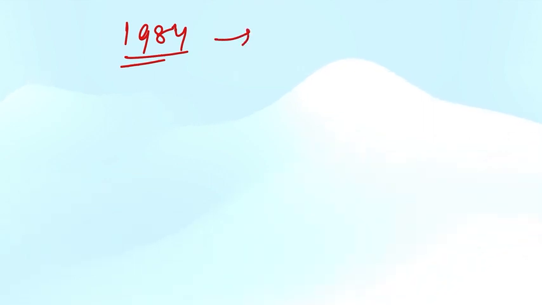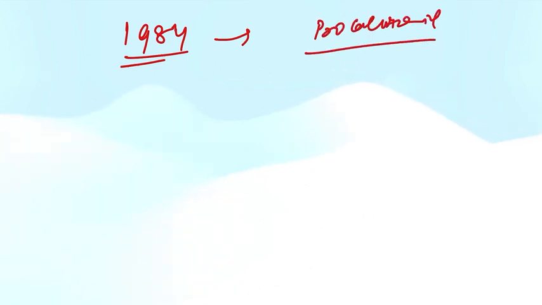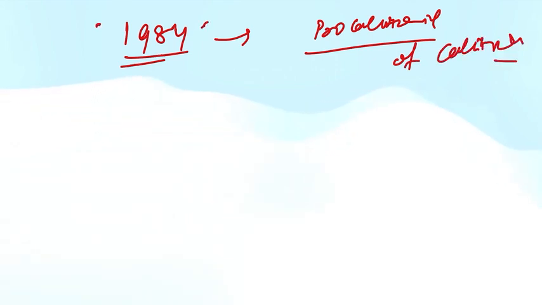So it was 1984. There was a landmark paper explaining a molecule, procalcitonin, which was a precursor molecule of calcitonin. It was published in 1984.